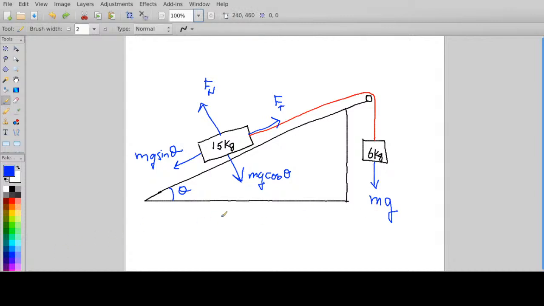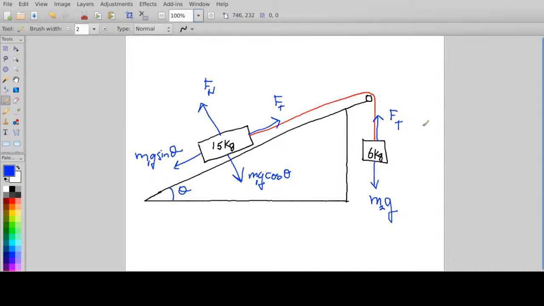So maybe we should call this one mg1 and this one mg2. There you go. So we have the weight of that 6 kilogram mass. If there were just a weight, this thing would be free falling. Well, it's not free falling because there is the tension up like that, and that one's Ft.